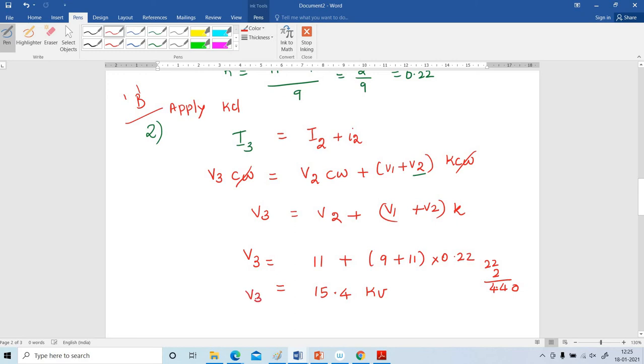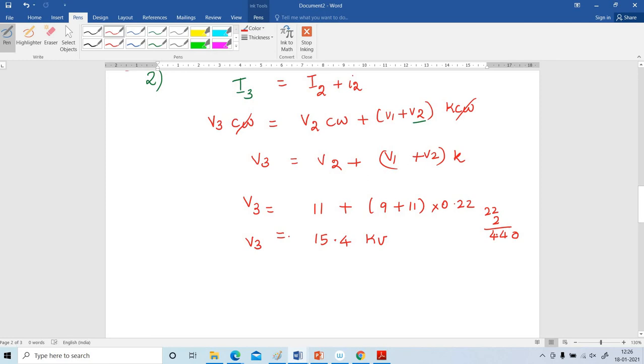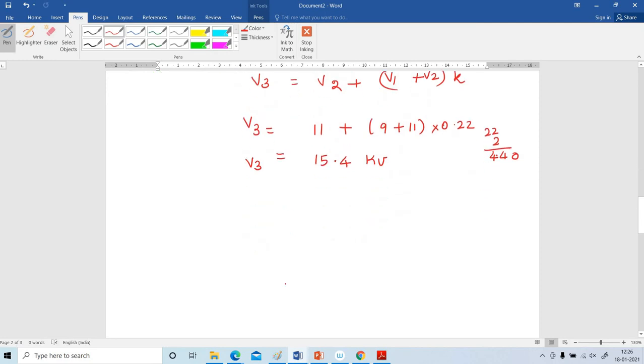That is V3. This voltage is V3 voltage, that is between line to earth. This is V3 voltage only, but our question is line to line voltage. So first of all, we are going to find out voltage between line to earth. So what is the voltage?